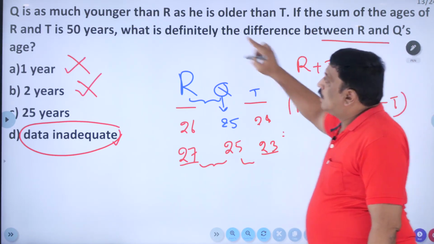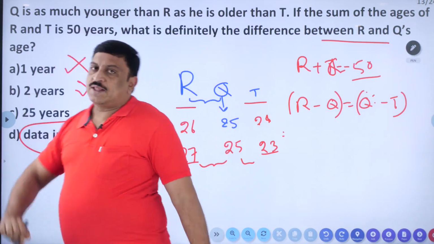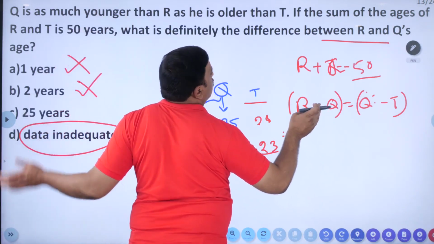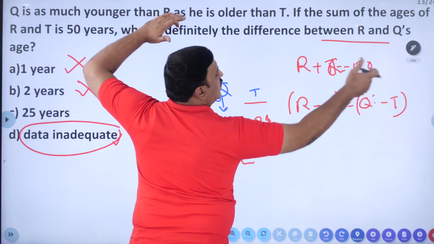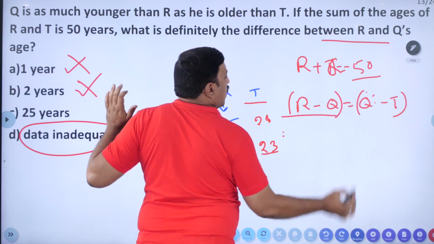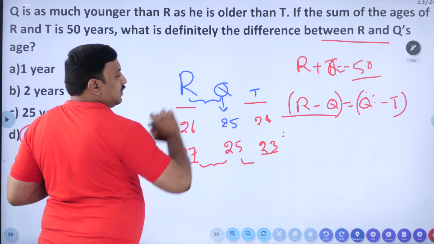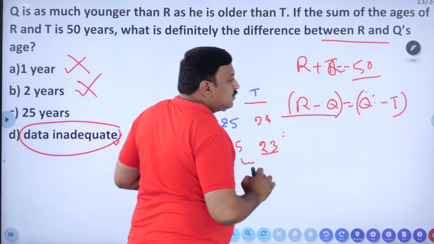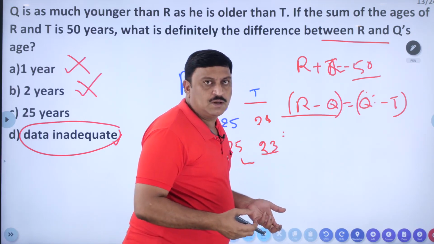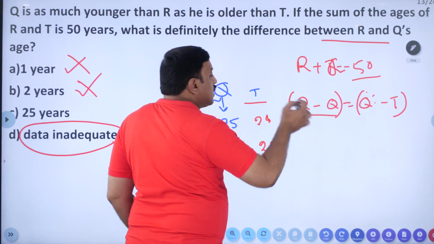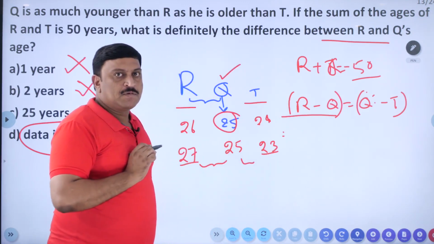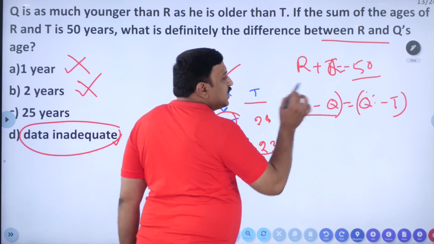Q is as much younger than R as she is older than T. So R minus Q is equal to Q minus T. We need to find out R minus Q. That is what they are asking. Will you get R minus Q? R minus Q is equal to Q minus T. But how much? How much we don't know. Okay, we got the answer as Q as 25. Fine. But with this 25, we'll get the answer.